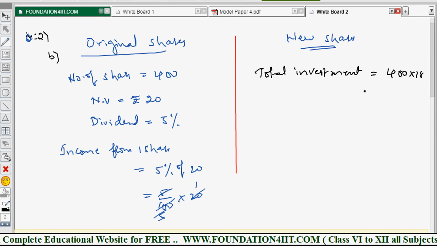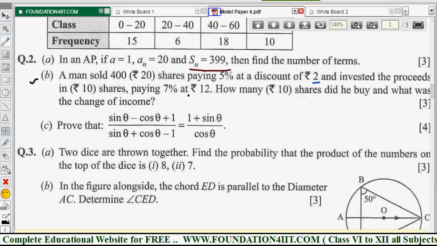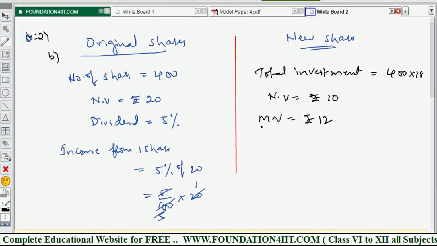The new shares investment is 400 into 18, and you are already given the nominal value, that is rupees 10, and the market value is also given in the question, that is 12. If you observe the question, 7% dividend at 12, rupees 10 shares. So this is the nominal value, market value, and 7% is the dividend. Okay, and the dividend is also given.